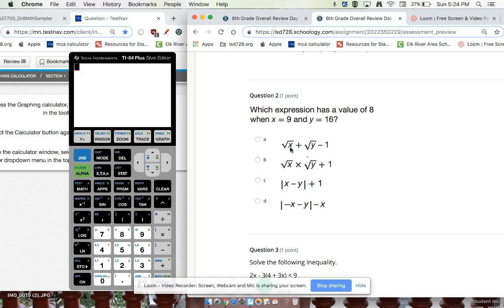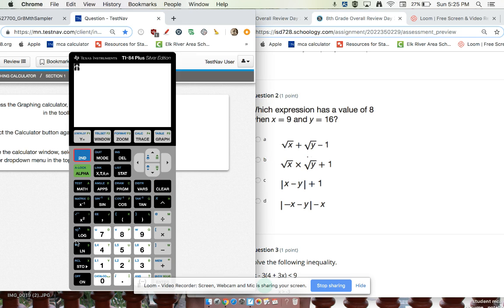So I have the square root of x plus the square root of y, take away 1. Second square root, again, is above the square. X is 9. You have to get out of the square root, plus the square root of y, 16. Get out of the square root again. Take 1 away, hit enter. That's 6. That's not my 8.